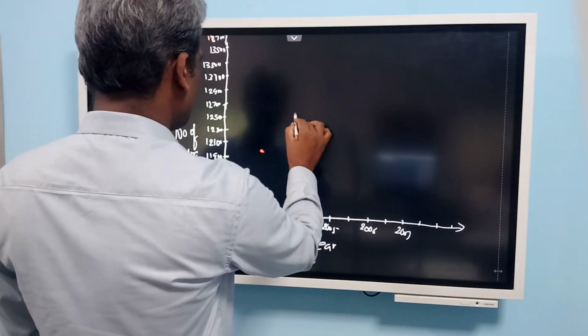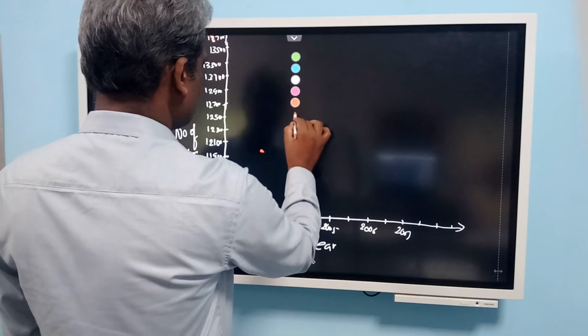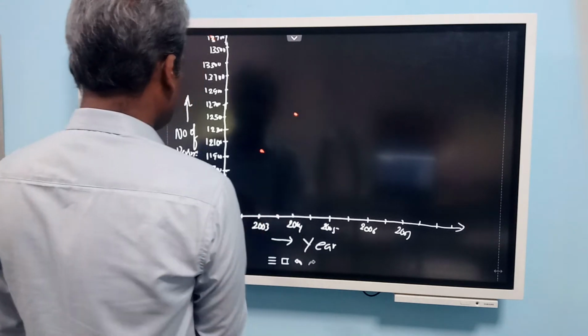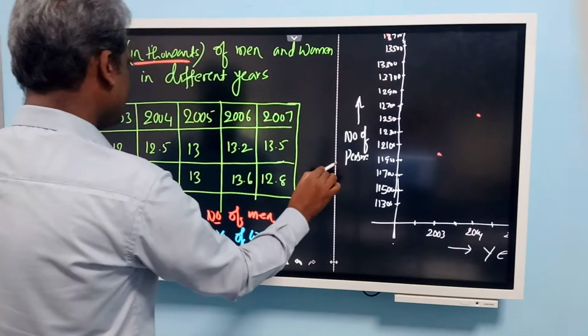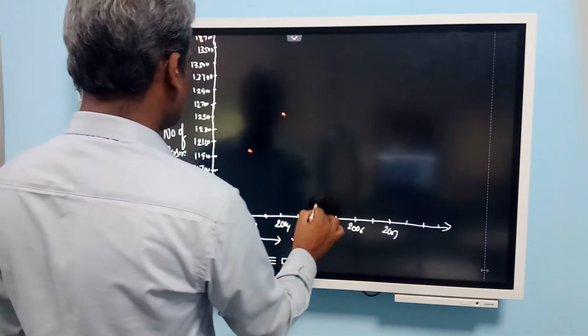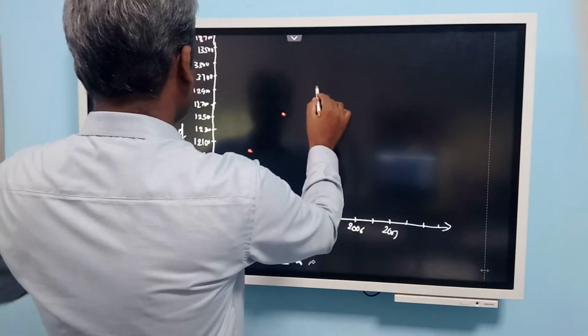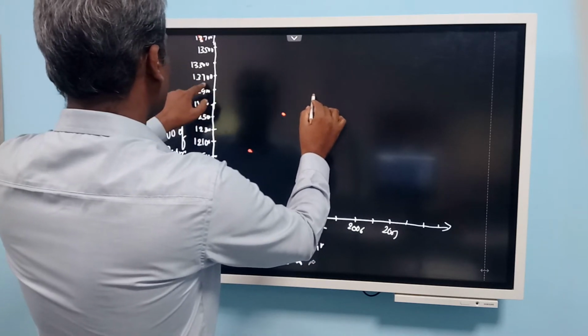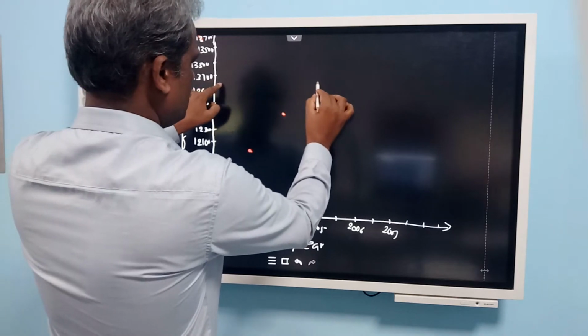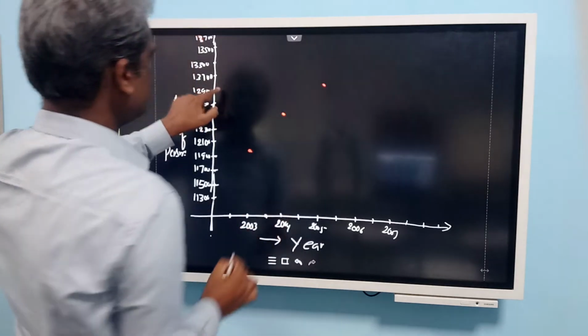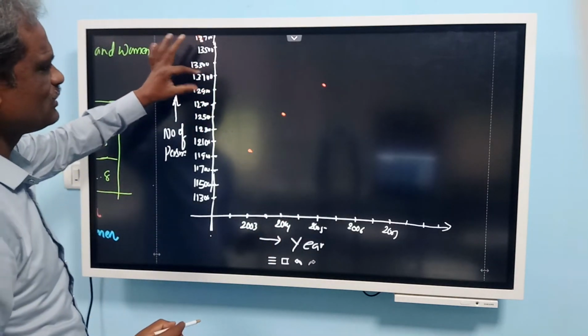You can mark the points like this. Horizontally to 12,500. Then in 2005 it is 13,000, so it is in between 13,100 and 12,900 here.